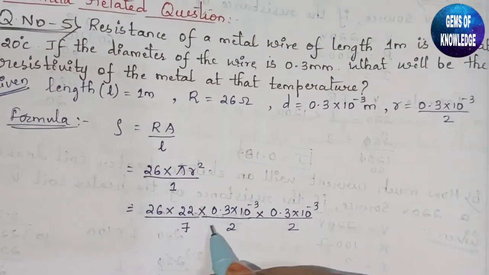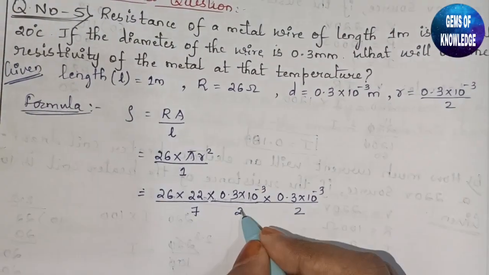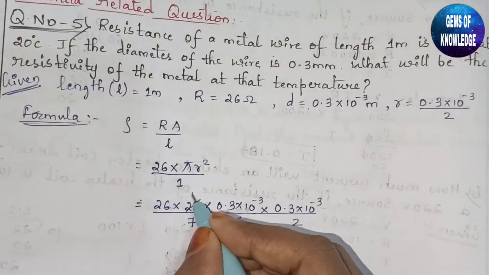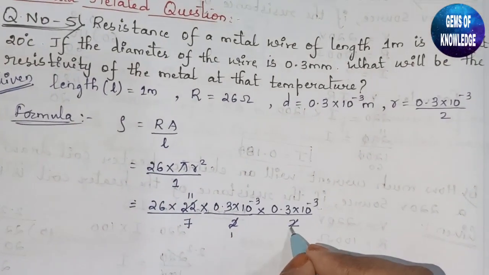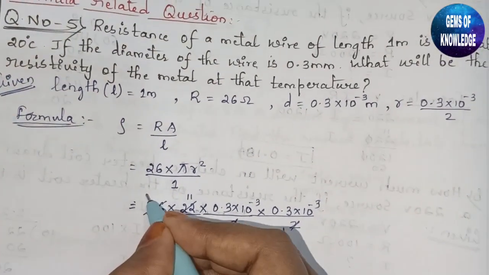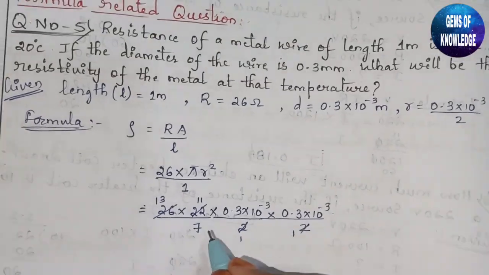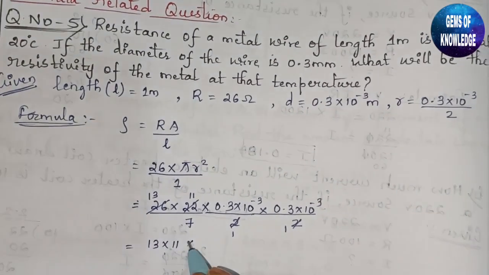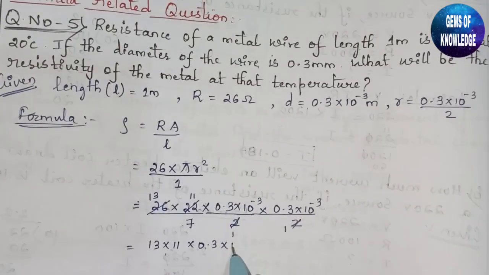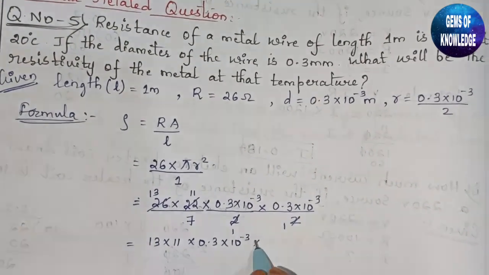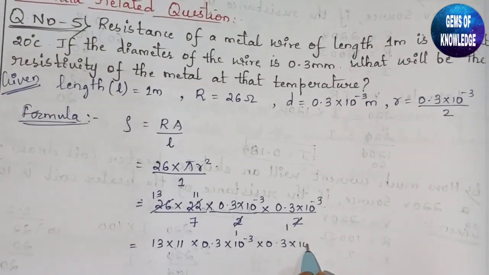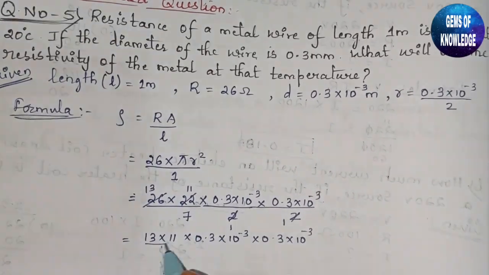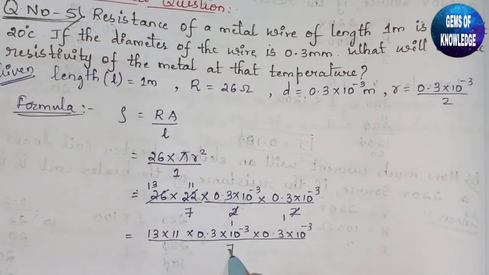Now let us cancel. 2 ones are 2, 2 elevens are 22, again 2 ones are 2, 2 threes are 6. So what is left with us is 13 into 11 into 0.3 into 10 to the power of minus 3 into 0.3 into 10 to the power of minus 3, and this divided by 7 is left with us.